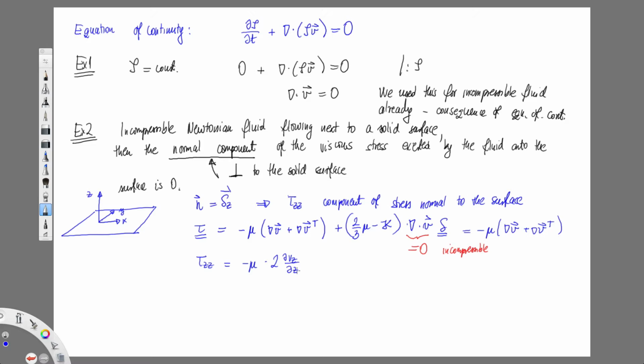There's something special about the incompressible fluid. I'm claiming that for an incompressible Newtonian fluid, and I just applied that the fluid is Newtonian, this is my version of viscous stress. Now, what do I know? It's incompressible, which means the divergence of V is 0. So let's look at the divergence of V once again.